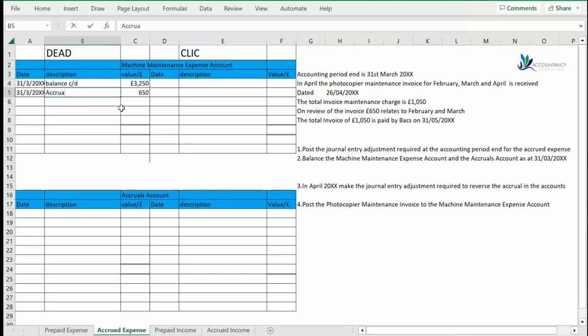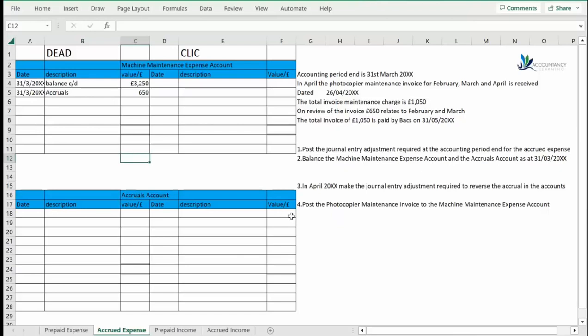The reference is an accrued expense or accruals, and that is the debit entry or the charge for the February and March expense of the photocopier maintenance.